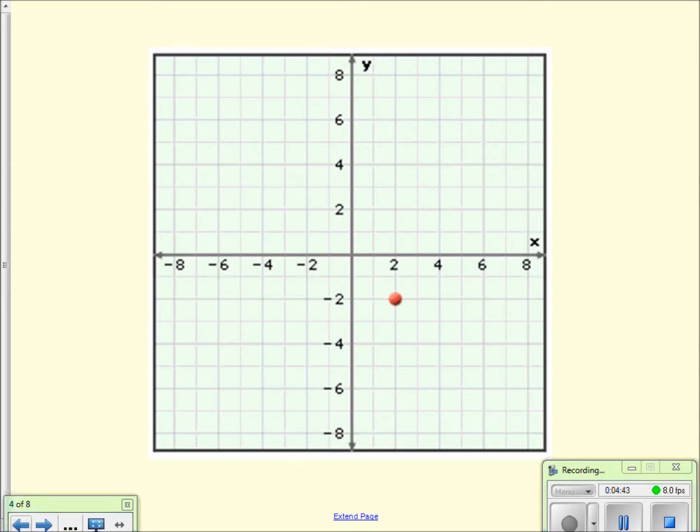So if I look at this point, it's over on the 2, and it's down on the negative 2. That's where the two lines meet. It's on the 2 line, and it's on the negative 2 line, where those two lines intersect each other.